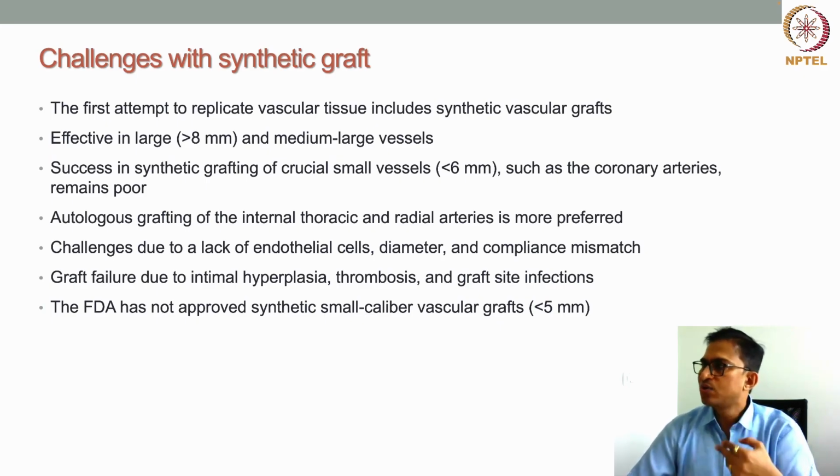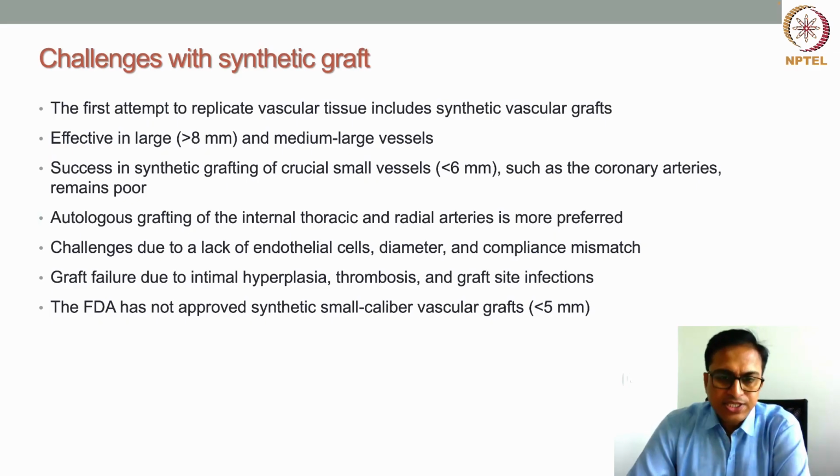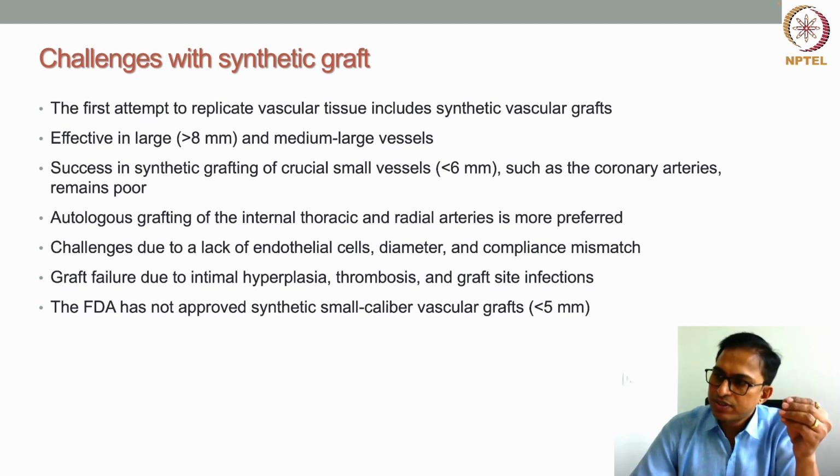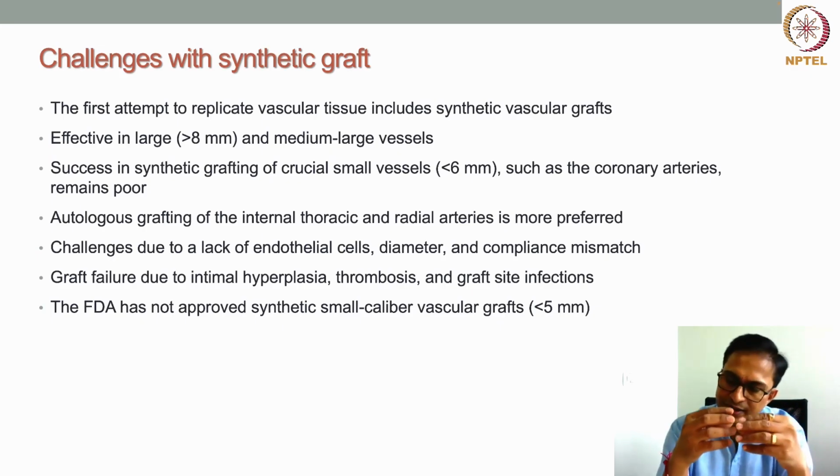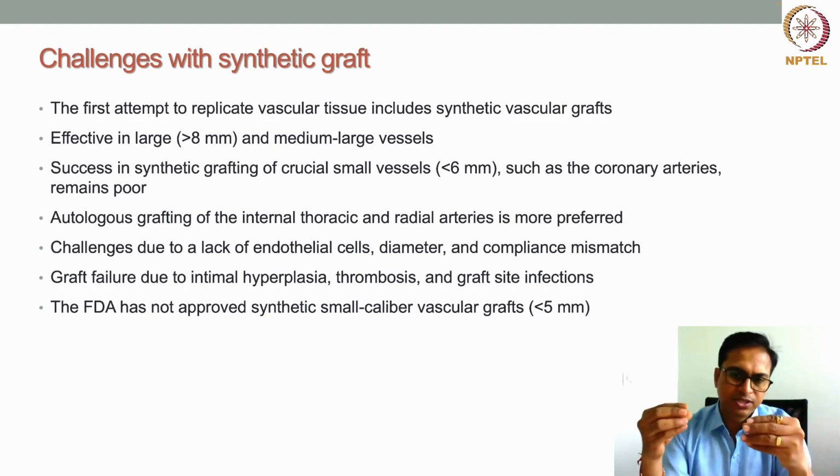Why is it challenging to bioprint small blood vessels? One reason is the lack of endothelial cells, because in smaller blood vessels we again need to infuse endothelial cells so they can bind to the inner luminal surface of the vessel.